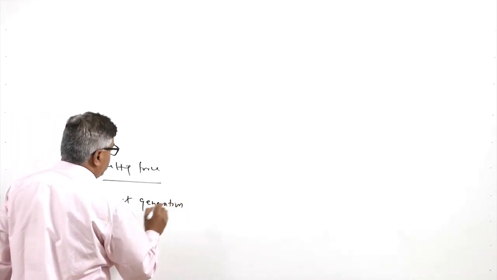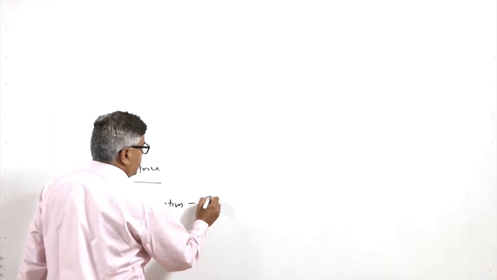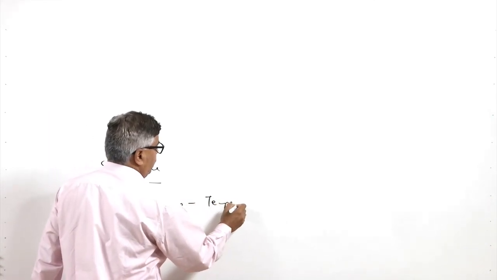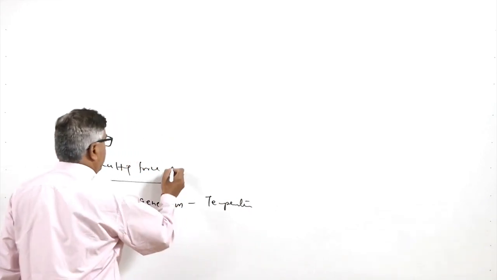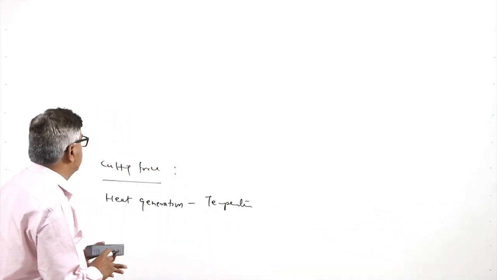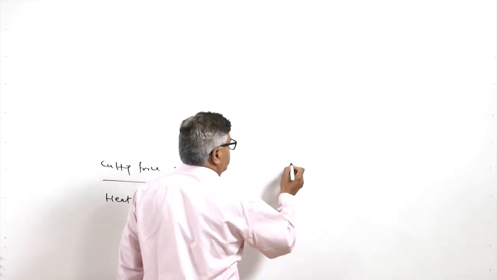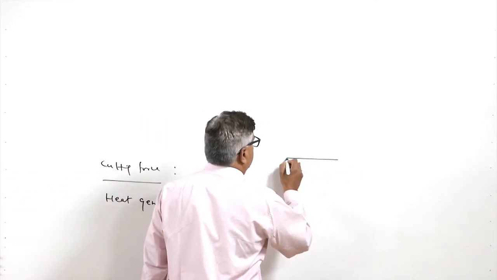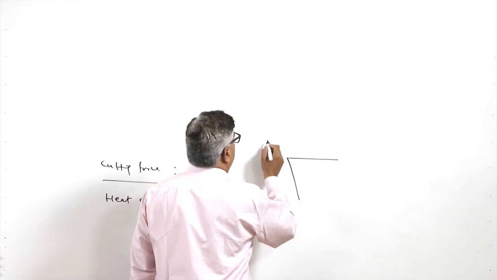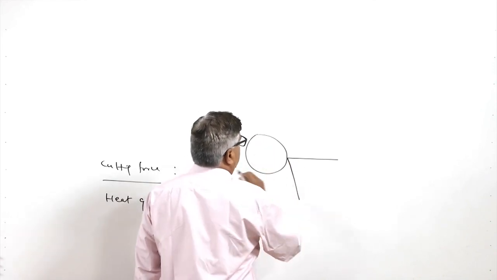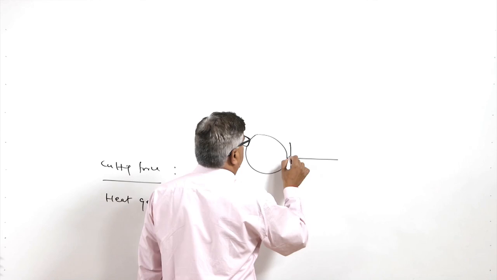Because of the heat generation there is a rise in temperature of the tool, and the cutting forces are generated due to the shearing at the tool chip interface. Say this is the typical tool, and during machining the forces will be acting onto the tool.